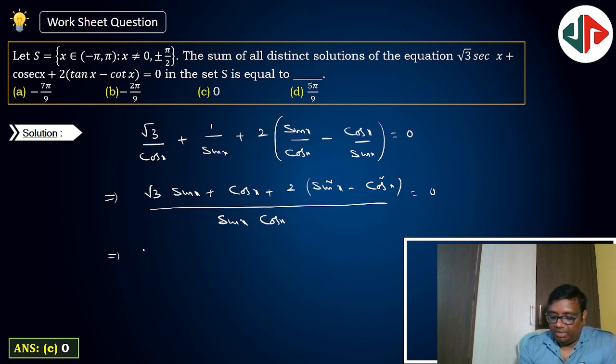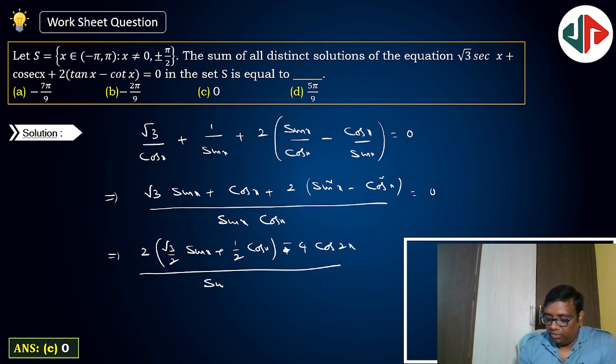Now, if you multiply with 2 and divide with 2, it is nothing but root 3 by 2 times sin x plus 1 by 2 times cos x plus minus 4 times cos 2x by sin 2x is equal to 0. So sin 2x we send that side, it will become 0. It becomes 2 times, what is this value?